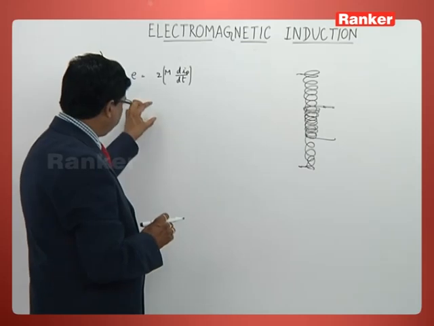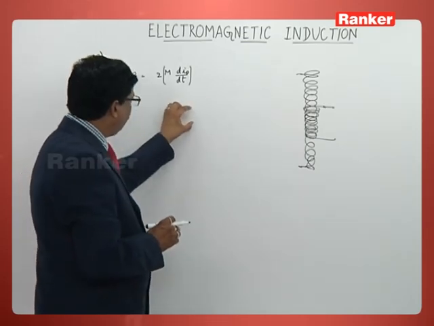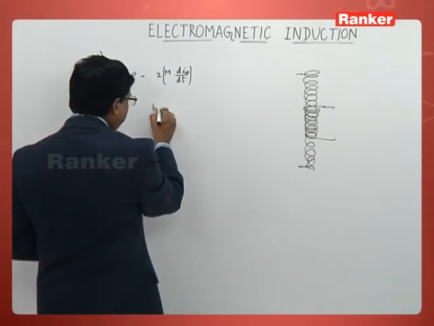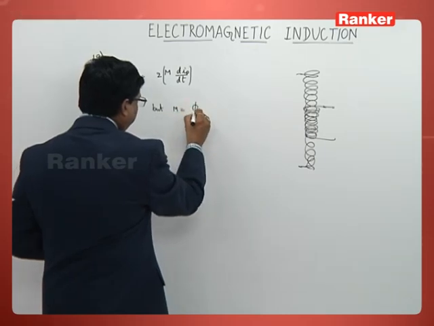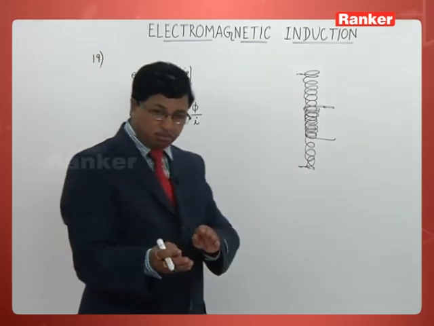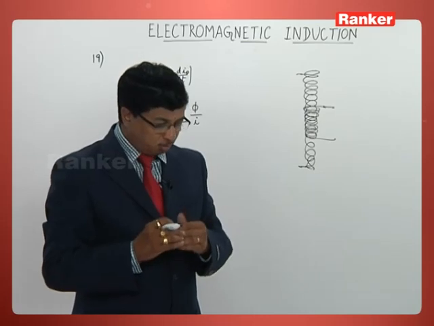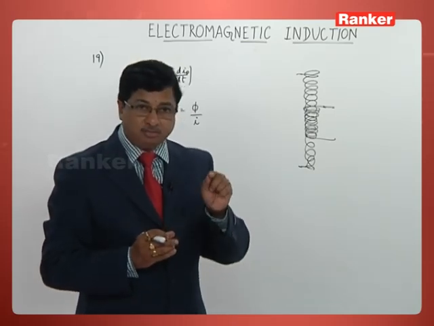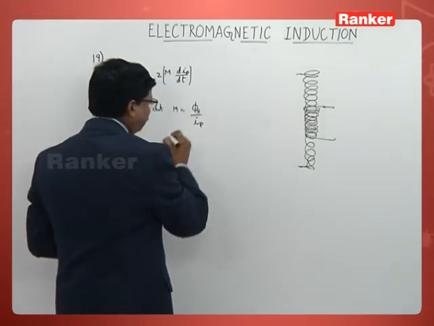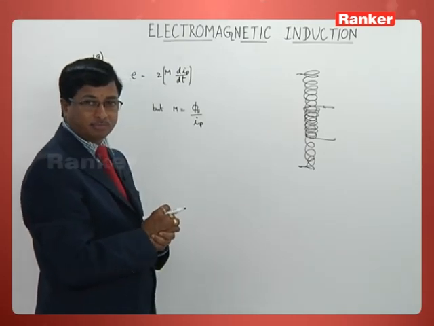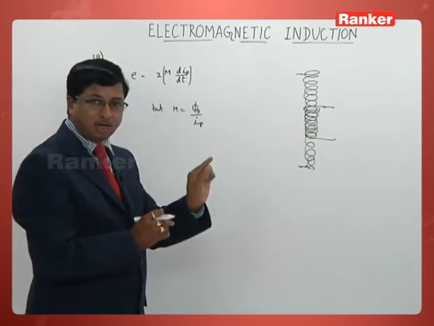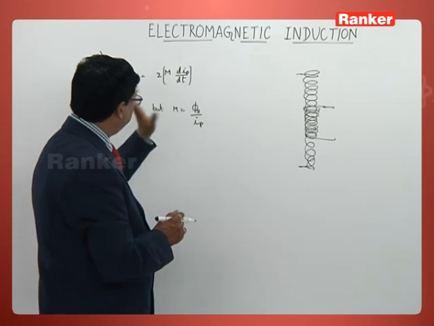We know in fact N phi is equal to M I. Therefore, M can be written this way: M is equal to phi by I. I am just coming back from the main equation. What is that phi? Phi across the secondary coil. And what is that I? That is across the primary coil. So M is phi secondary by I primary. That is the value of M.